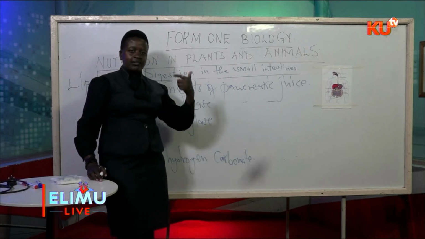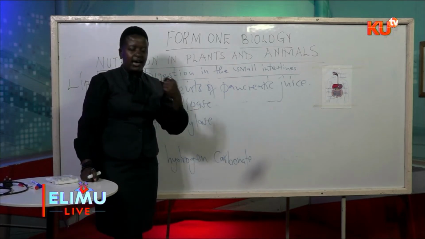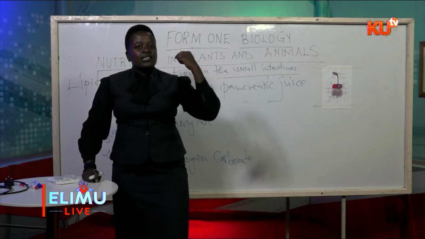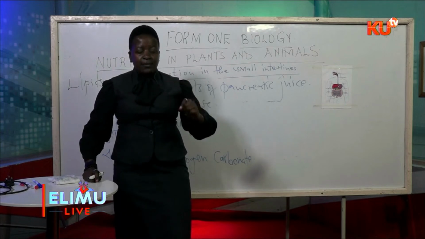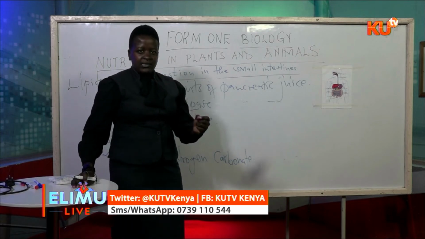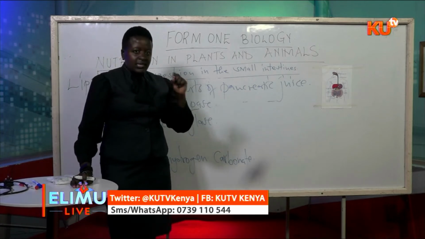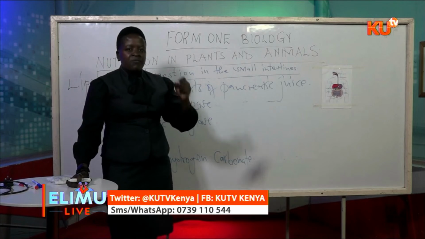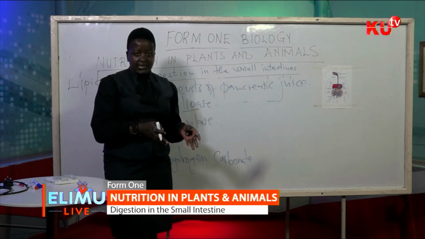So, how does this enzyme assist? Now, pancreatic lipase is an enzyme. What is an enzyme? An enzyme is a substance that speeds up a reaction or a process. So pancreatic lipase speeds up the breakdown of lipids, and these lipids are split into their constituents, that is fatty acids and glycerol.